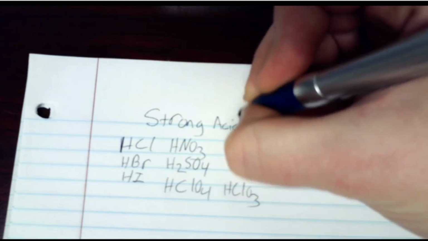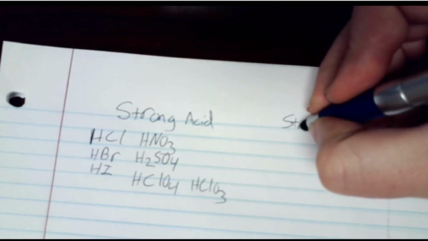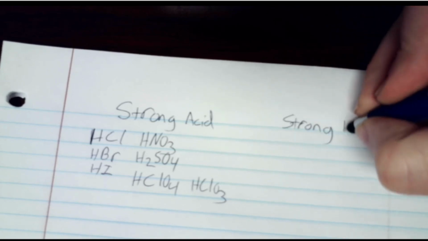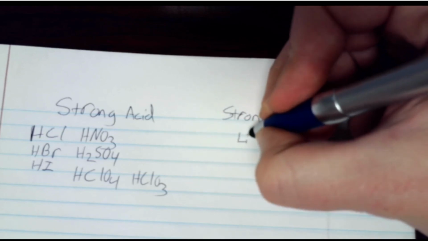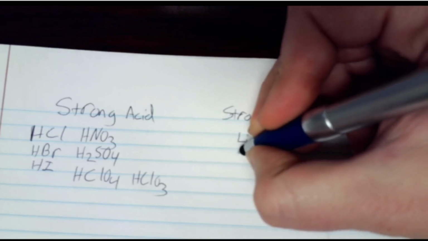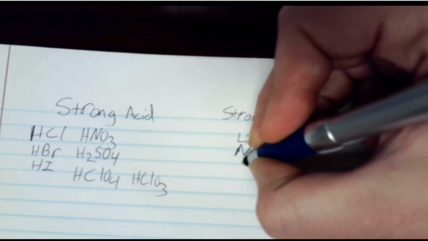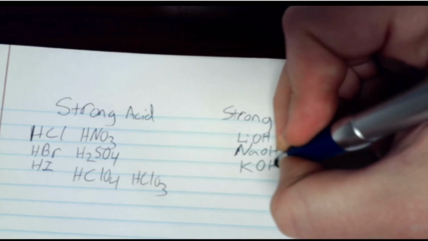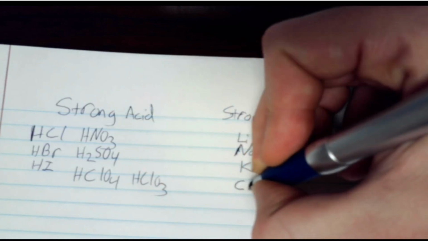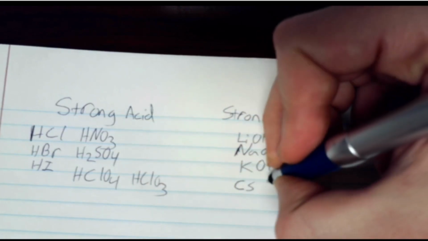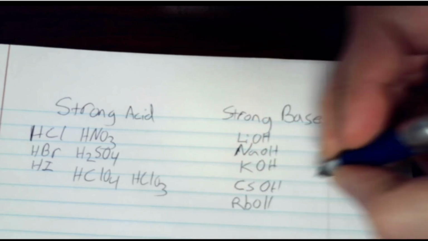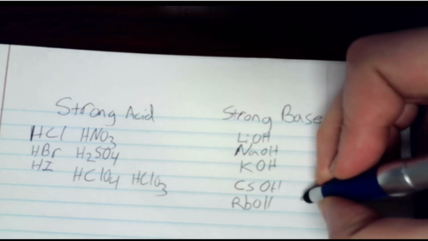Our strong bases are all the group 1 bases. So lithium hydroxide, sodium hydroxide, potassium hydroxide, rubidium hydroxide, cesium hydroxide, and a few of the group 2.